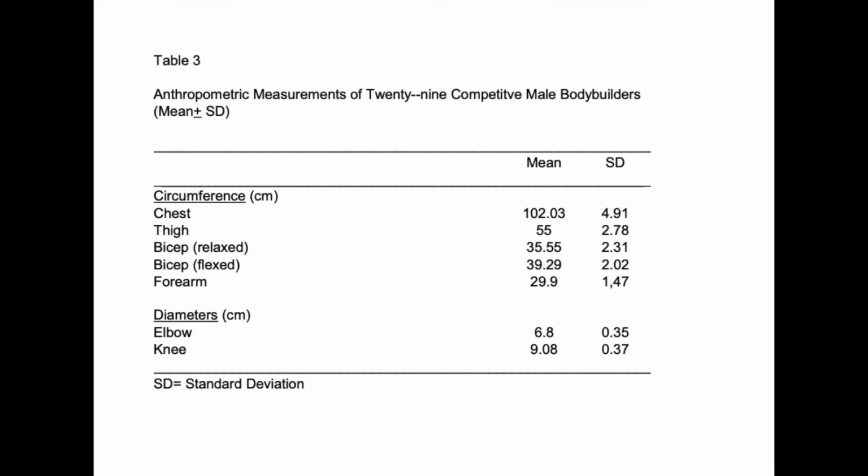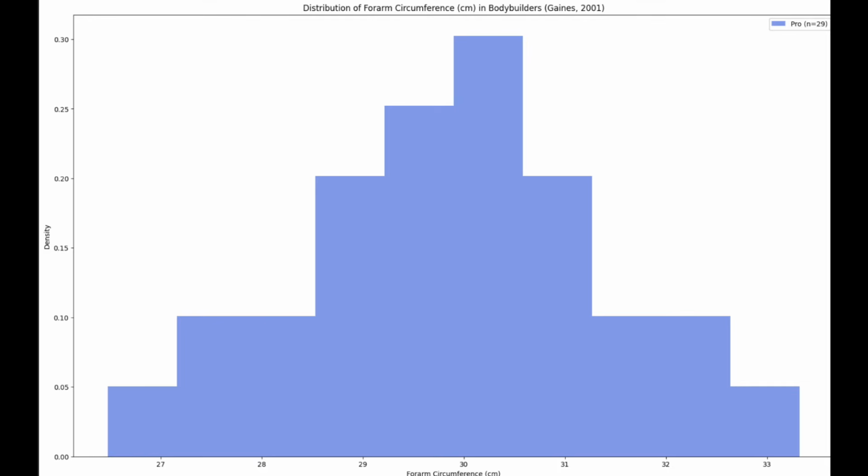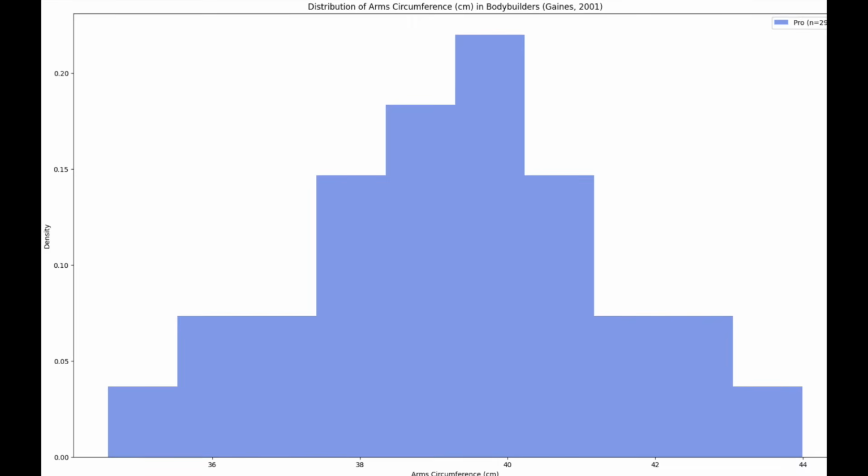And let's plot this into the graph. And here are the graphs. As you can see here, the distribution shape is all the same because again this is a fixed distribution.